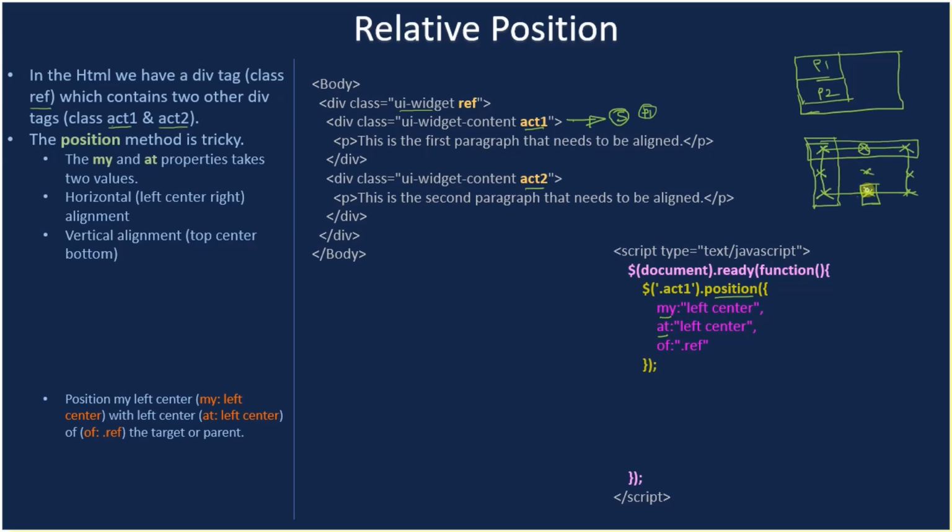If you state bottom center, we will be picking this. So here we are specifying my left center at left center of reference. How we want to align is specified by this notation.